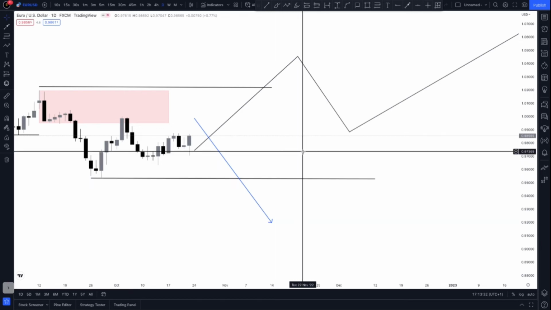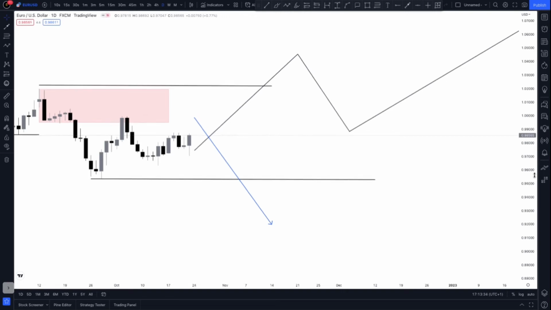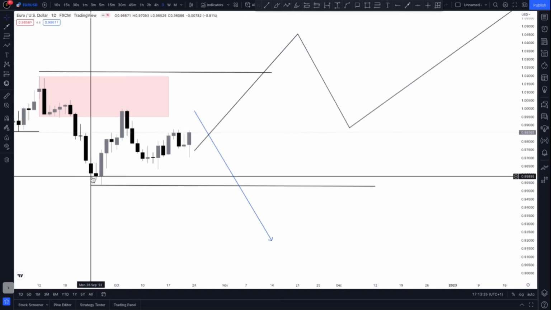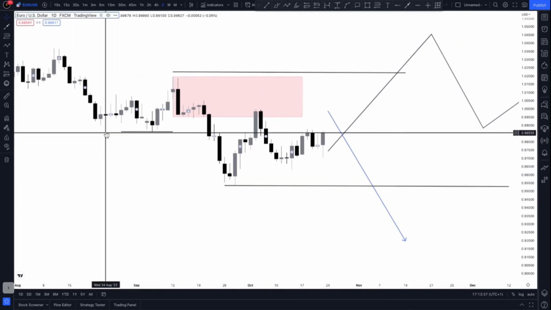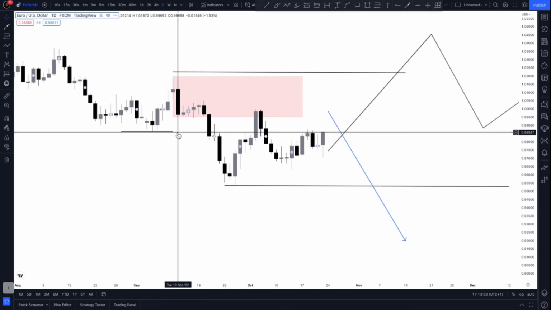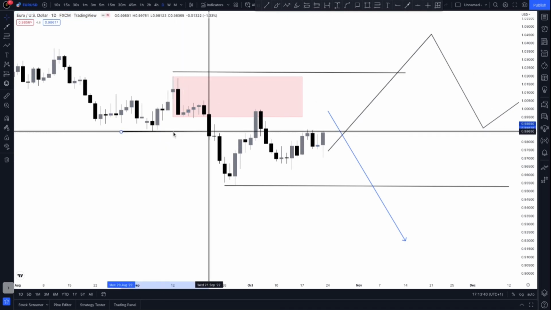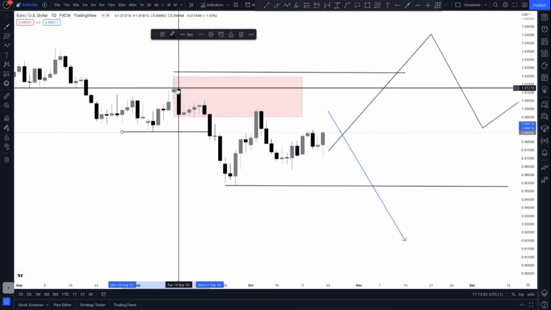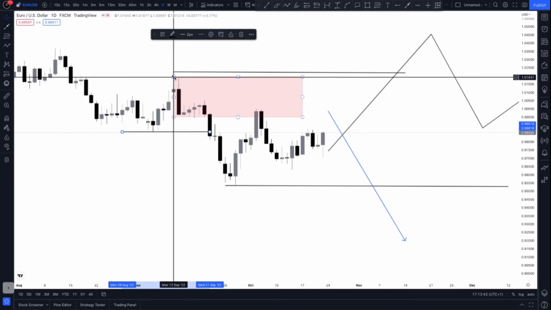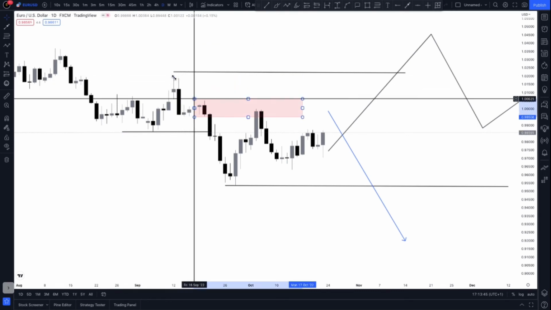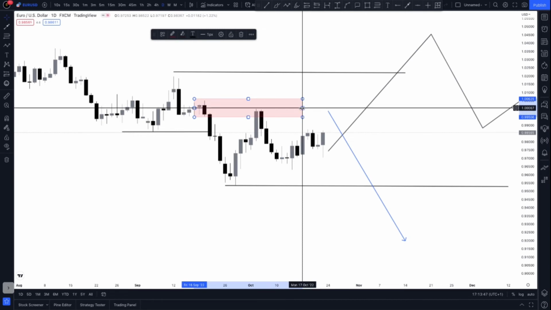On our daily time frame, you clearly see we have had this break of structure to the downside at that point there. And if you look at the chart, we have our supply zone created there, and the market is currently reacting.